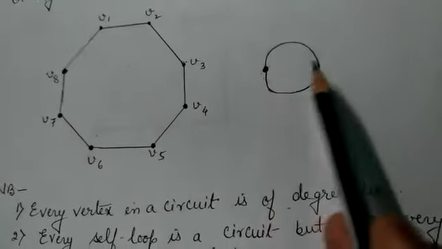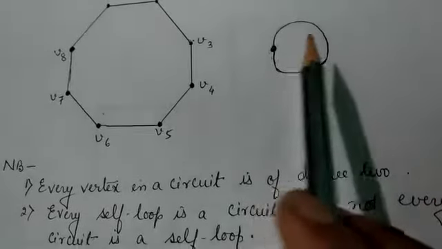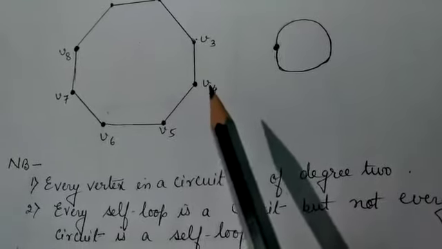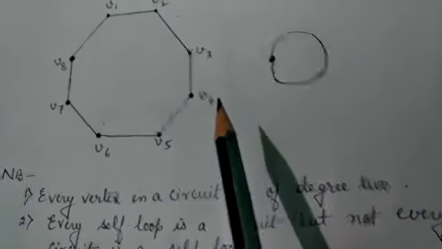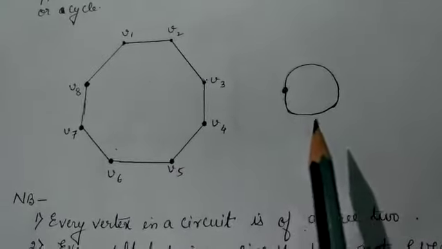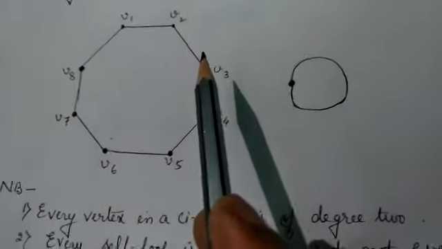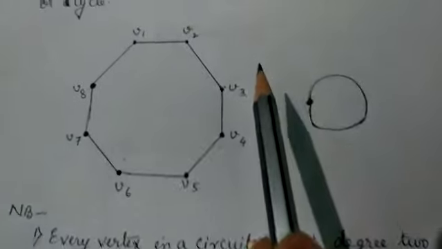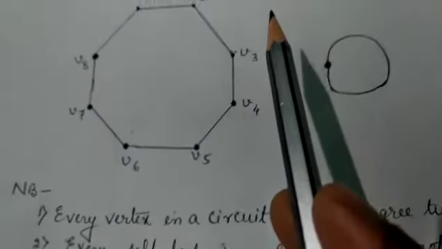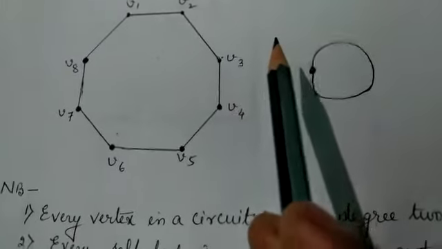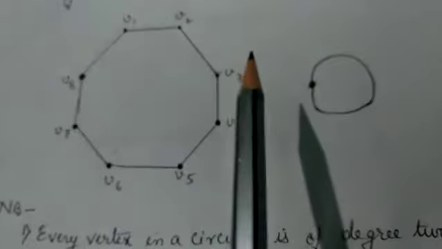But the reverse is not true, not every circuit is a self loop. So what is a circuit? A circuit is a closed walk in which no vertex except the initial and final vertex, that is, the terminal vertices, appears more than once. So this is the example of a circuit.